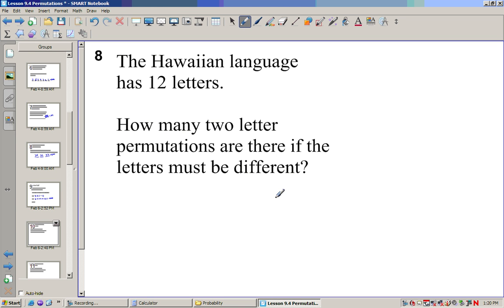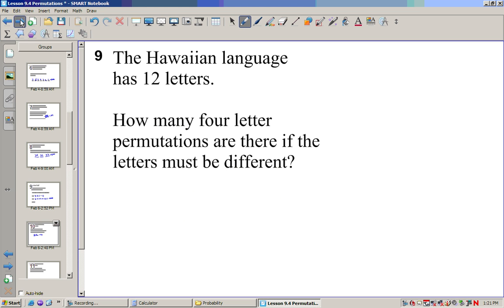Now the Hawaiian language only has 12 letters. How many different 2-letter permutations are there if the letters must be different? So 2 letters, that would be 12 times 11, or 132. Now how many 4-letter permutations are there?